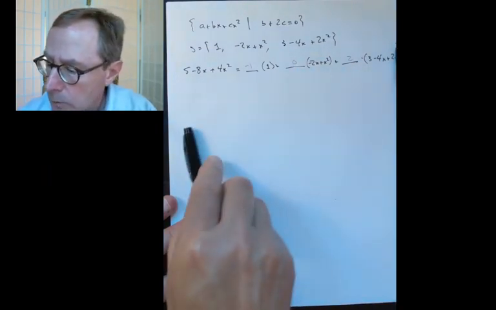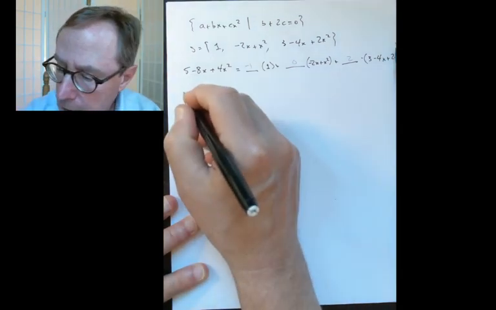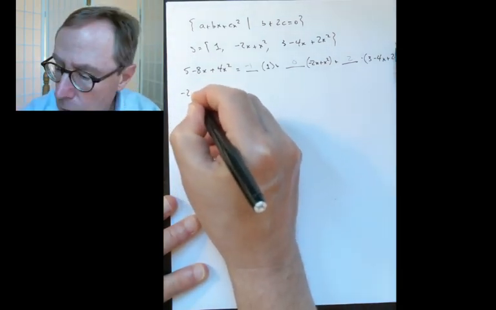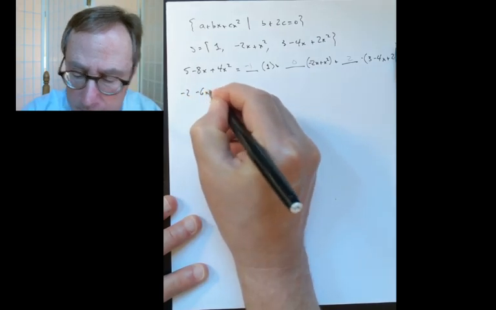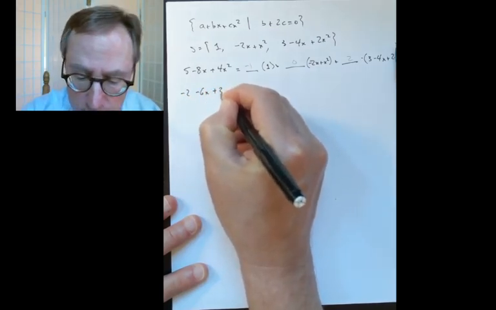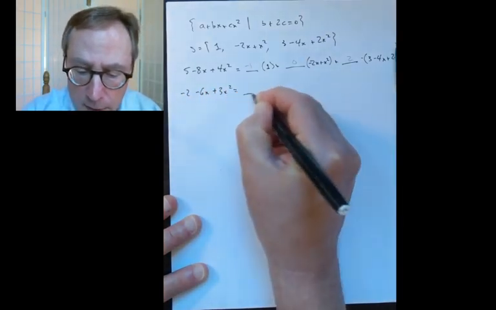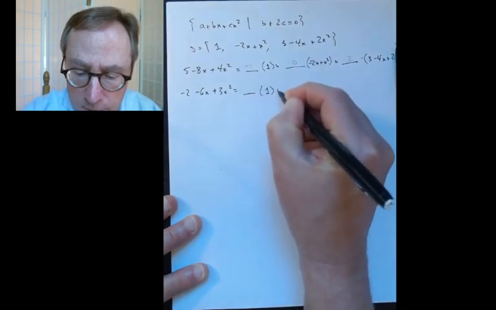Okay. Next one, I'm trying to remember what I had last time. Next one was minus 2, minus 6x, and then plus 3x squared. And again, with the fill in the blanks.